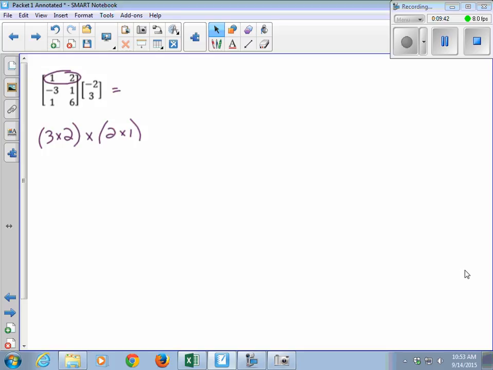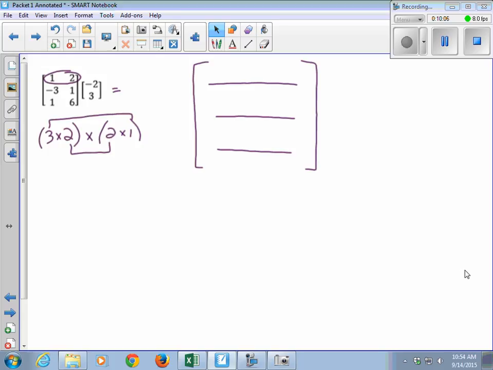So a quick check to make sure you can multiply things together is that the inner dimensions have to match, okay? Inner dimensions have to match. And the answer is going to be the outer dimensions. My answer is going to be a 3 by 1. Okay, so I'm going to make room for a 3 by 1 matrix.